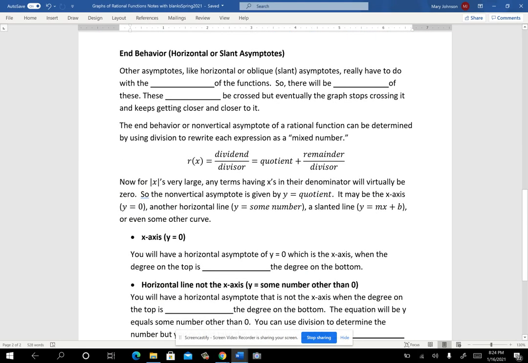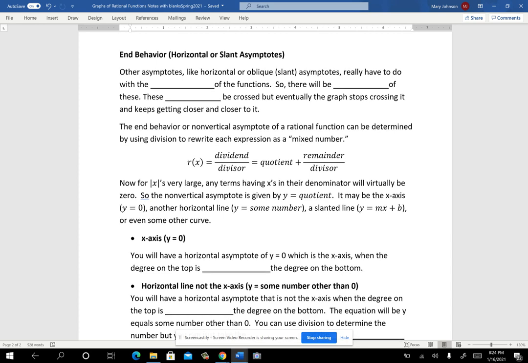Now, this is really important when you're dealing with limits. Okay, so there's a point at which we're going to talk about limits at infinity, and then limits that wind up having an answer of infinity. Like we're going to look at limits, what happens when x goes to infinity or negative infinity, and then we're also going to look at limits where the function approaches infinity.